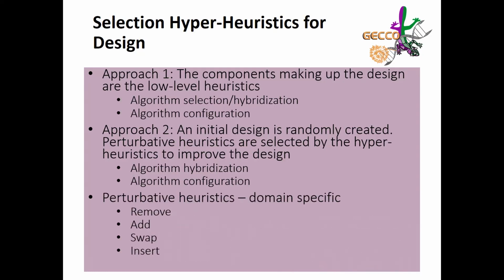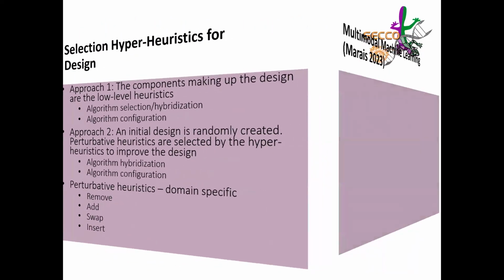Typical perturbative operators that apply to this design, for some of our problems, are design specific depending on what you're trying to design, but they're basically the same idea of what you do in perturbation. Either you increment a particular parameter value, or you decrement it, you change values, you swap values, etc. So the standard things that we tend to do.